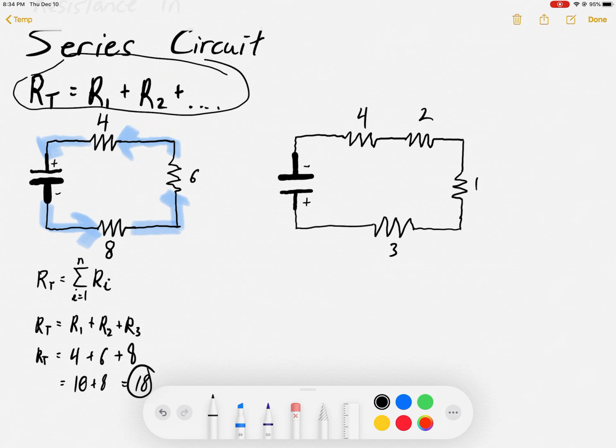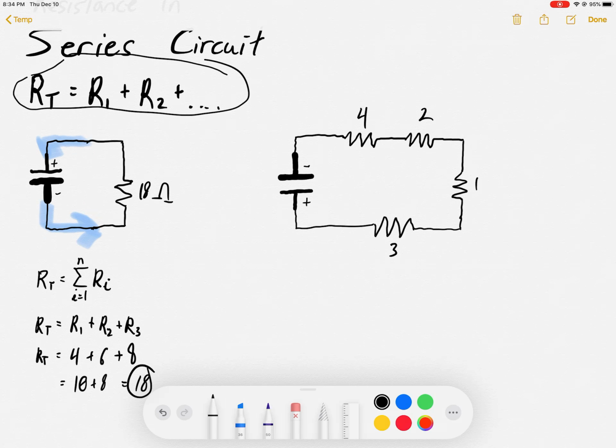So what that means is that this circuit, it has the three resistors, but it is going to act the same as if you had a single resistor that had 18 ohms.